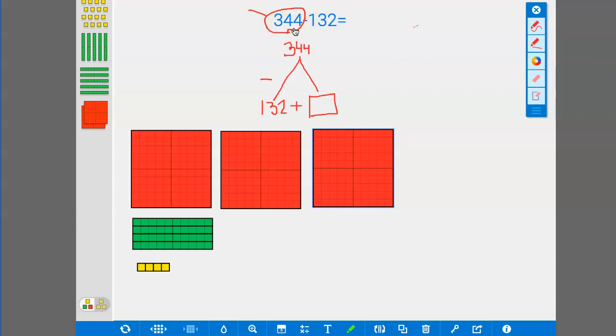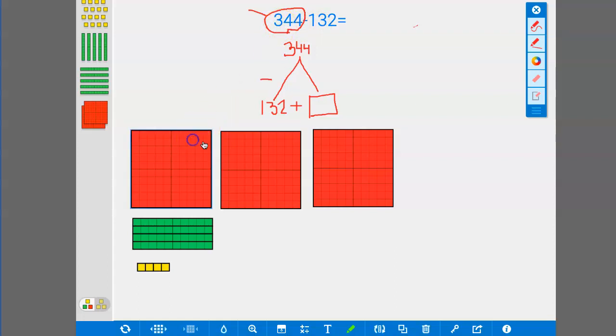So what's fun about that is now that I know that I don't have to ungroup, it doesn't matter if I take away from the ones first, the tens first, or the hundreds first, because we're not ungrouping. So just for fun today, I'm going to start with the hundreds. I need to take 100 away from 300.